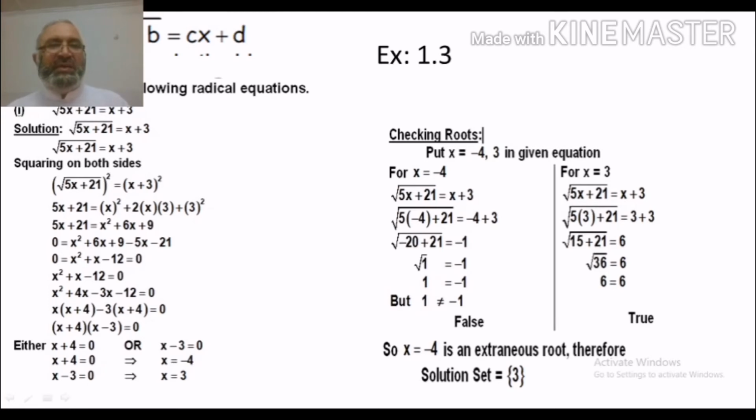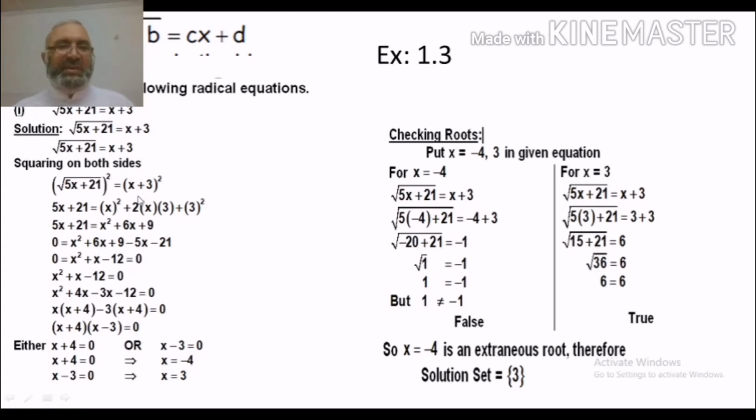So the method for the first type of radical equation is taking square on both sides. So squaring both sides of the given equation, we get square root of 5x plus 21, squared, is equal to, on the right side, x plus 3 squared. Expanding, the square root cancels with the square, we get 5x plus 21 is equal to, on the right hand side, a plus b squared.